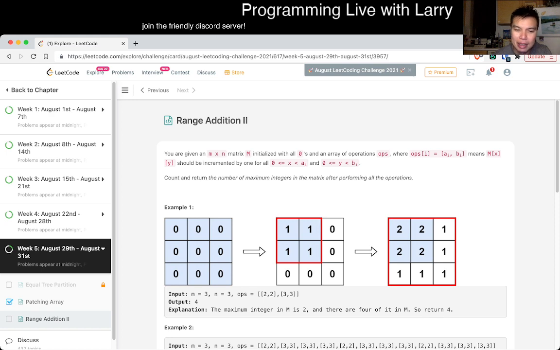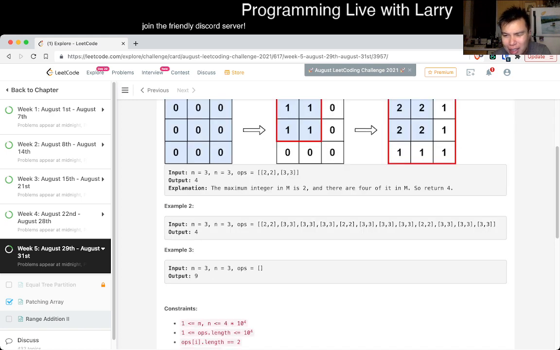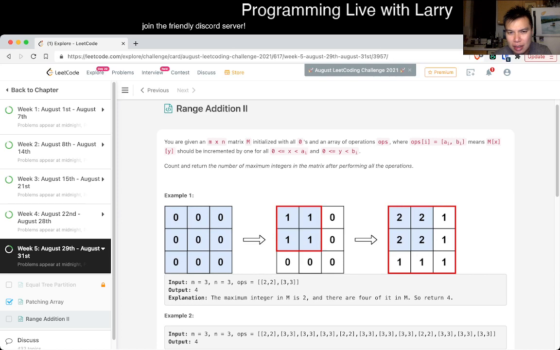Because it's just Boolean. But here you almost want an intersection, except for cases where, for example, you have two squares that don't intersect with each other. Then in that case, you actually want the sum of those two.